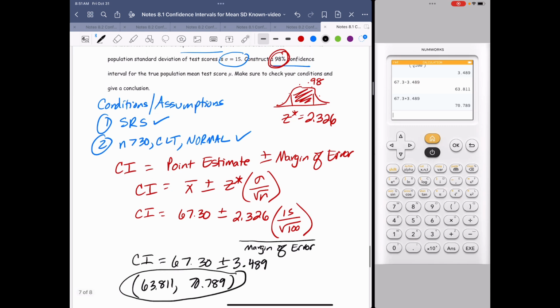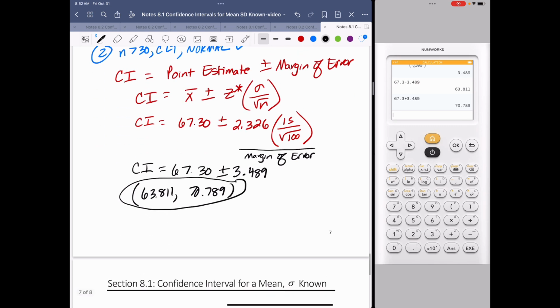Now, to give your conclusion, that's going to be the last part. When you give your conclusion, you don't want to talk about the sample. I don't care about the sample. I care about mu. So here's what we're going to say for the conclusion.